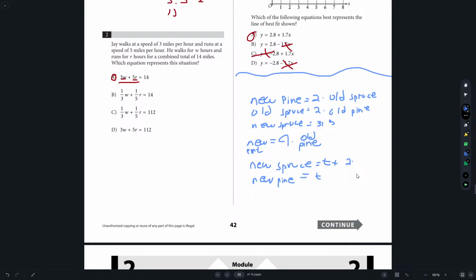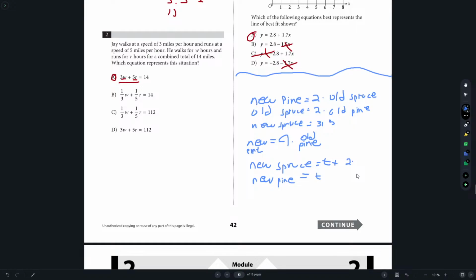So the spruce used to be 2 times as old as the pine, and t time has passed since then. And then the pine used to be half the size of the spruce.